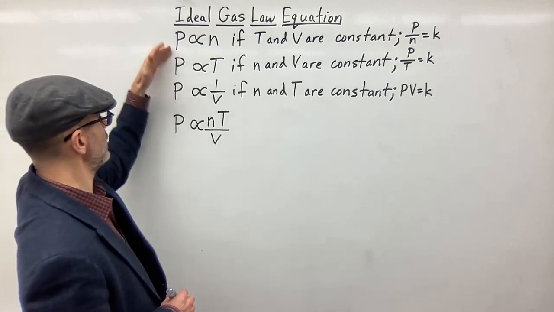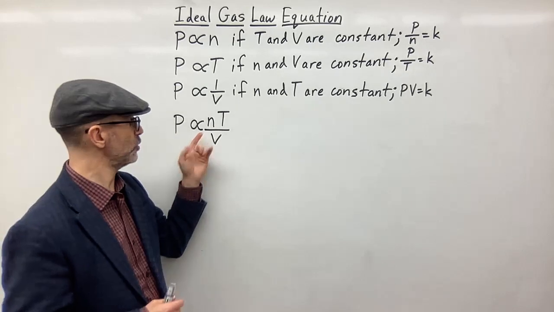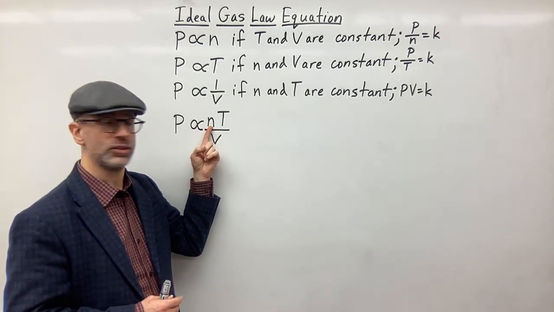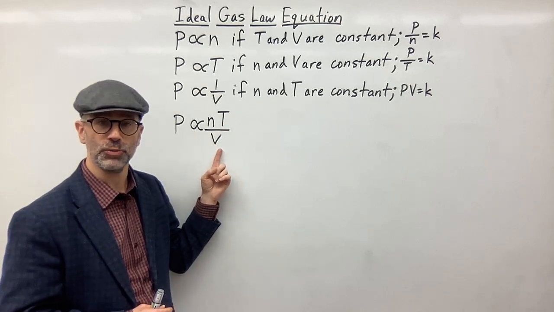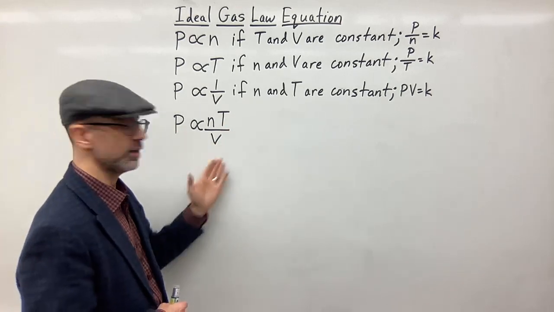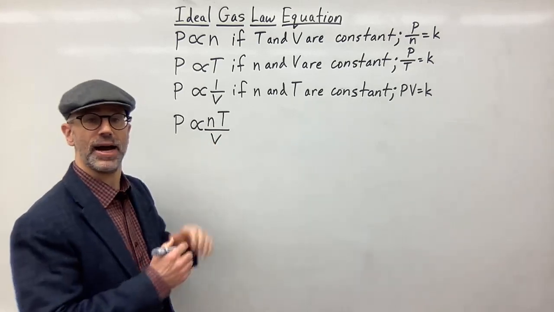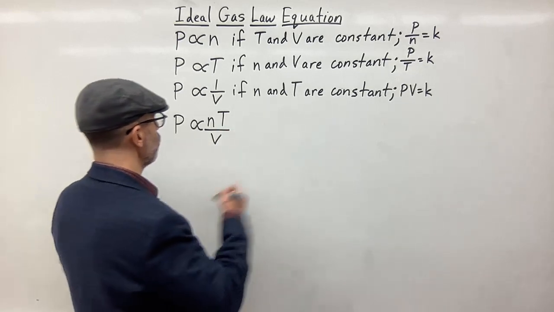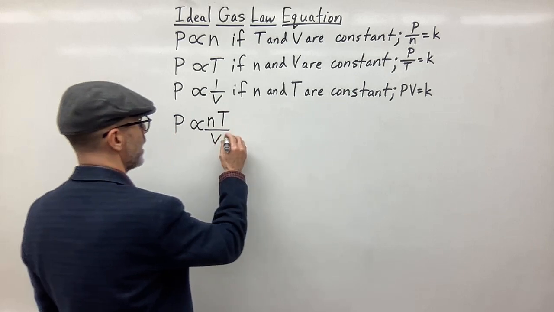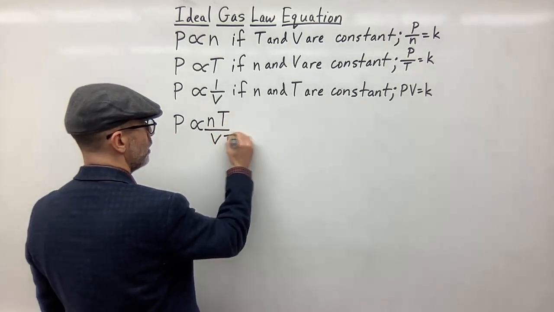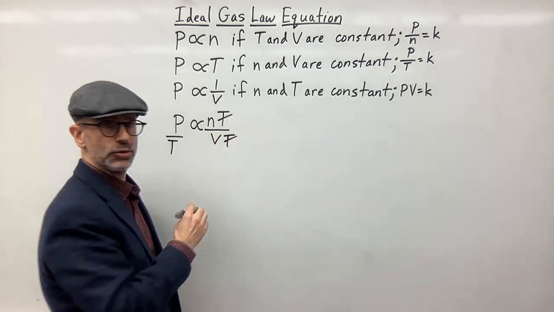If I take these three and put them together, then I get pressure is directly proportional to both the amount of gas and the temperature, but inversely proportional to the volume. Now I can change this into an equality by adding a constant. Just like before, I'm going to divide both sides by temperature, so temperature cancels out.